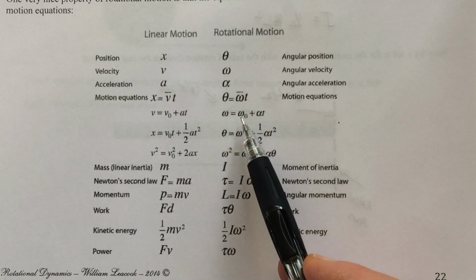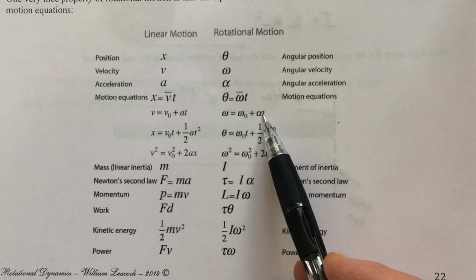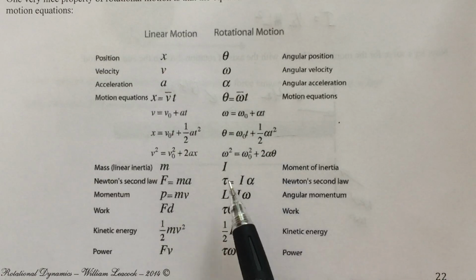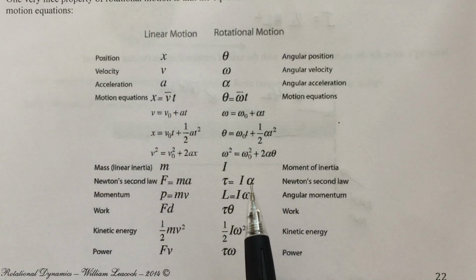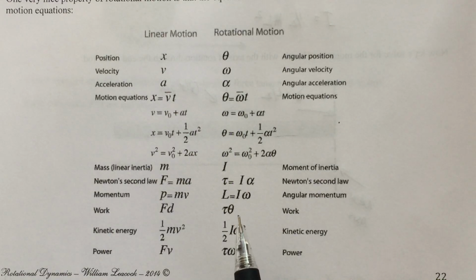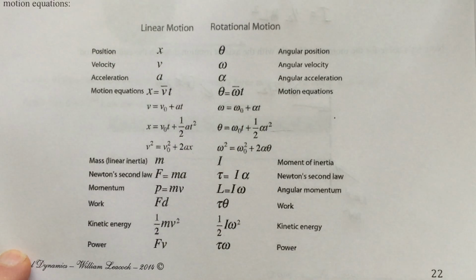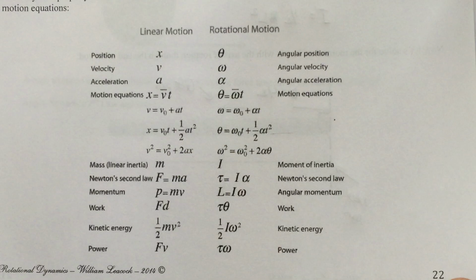Final angular velocity equals your initial angular velocity plus your angular acceleration times your time. And you can look up and down the chart and you'll see that every single one of the linear motion equations has its corresponding angular motion equation. That makes your life much, much, much easier. Pause the video right now and look them through, make sure it makes sense to you.